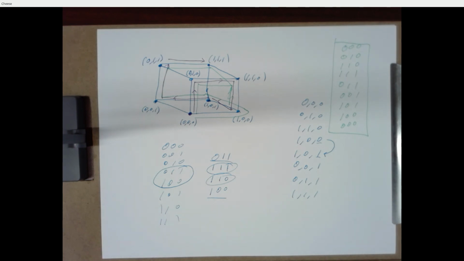So we can keep counting 0 to 8, 0 to 7, and preserve this single bit changing property. All right, so that's just a 250 tie-in.